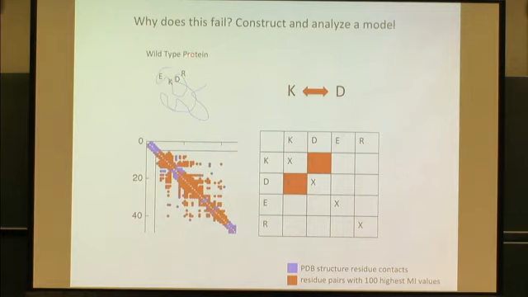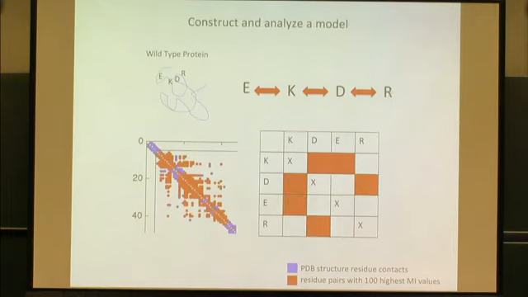Now here, K and D are next to each other, so I predict they're going to be correlated, right? That's my hypothesis. Well, E and K are also next to each other, so they're going to be correlated. And D and R are next to each other, so they're going to be correlated. But this correlation business, every time the E changes, right, the K changes, these columns in my alignment.